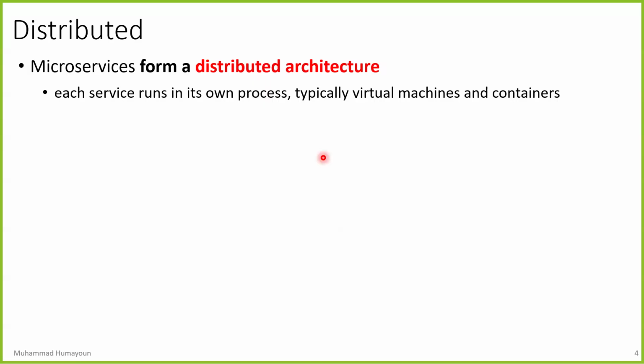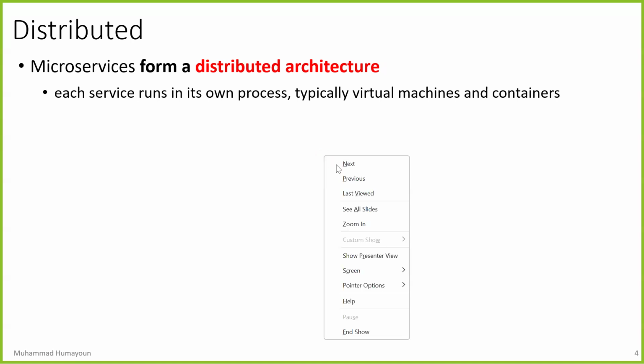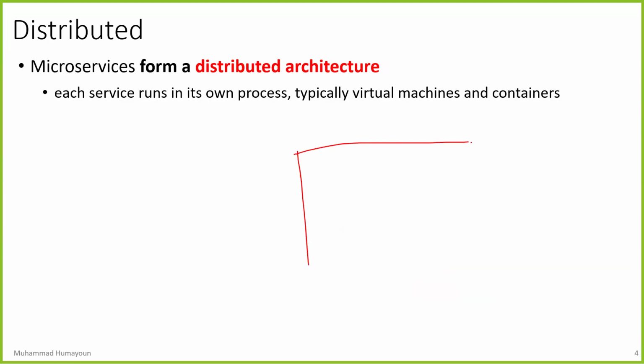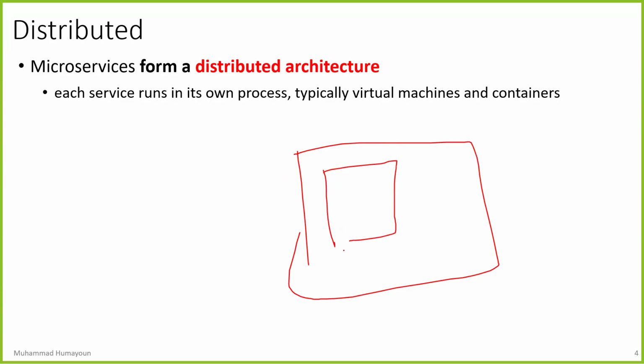So let's try to understand what a virtual machine is first. I am running Windows right now, and within that Windows operating system, this is my operating system, I can install, through a virtual machine, let's say Linux, Ubuntu. So my Windows is running and Ubuntu is running.